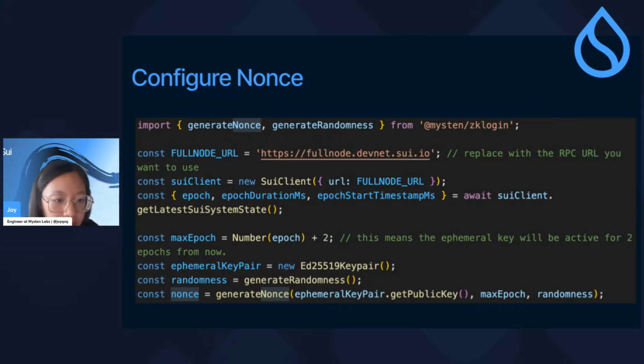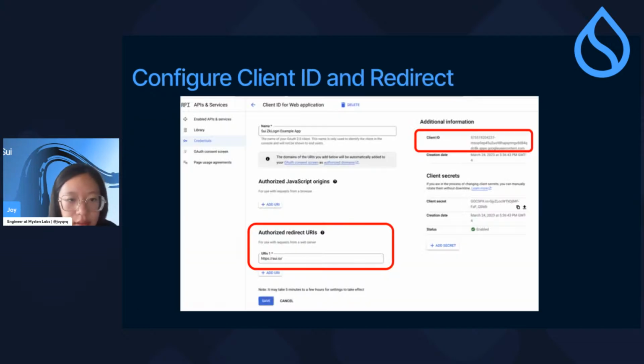And then you generate the ephemeral key pair, and that is passed in to generate the nonce. We also define a randomness just to add some value into this nonce so that it doesn't directly correspond to your public key. So now we have the nonce.